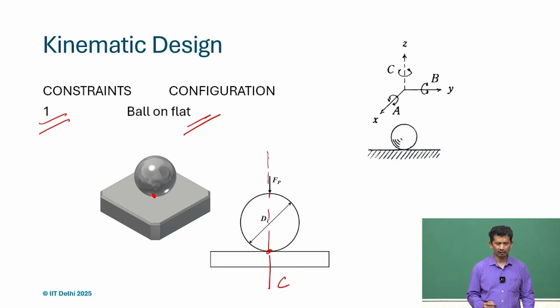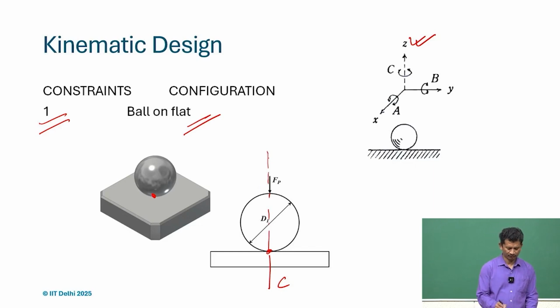So, we can always define one constraint just by putting one contact between the two objects, and in this case the z translation is not possible. That is the constraint, and the rest all 5 are free.